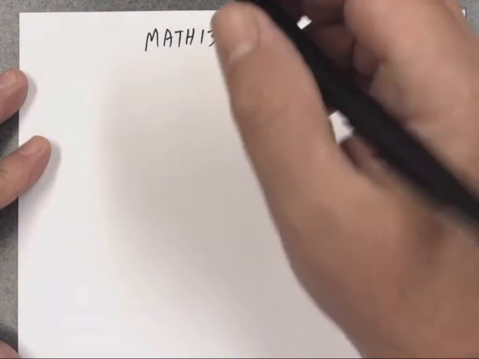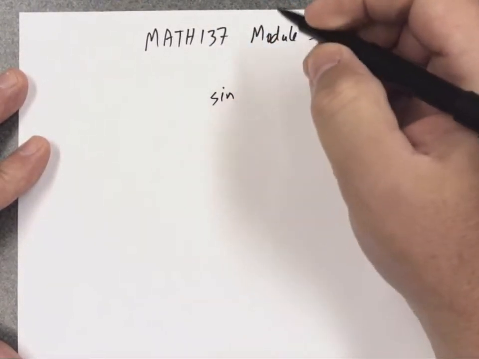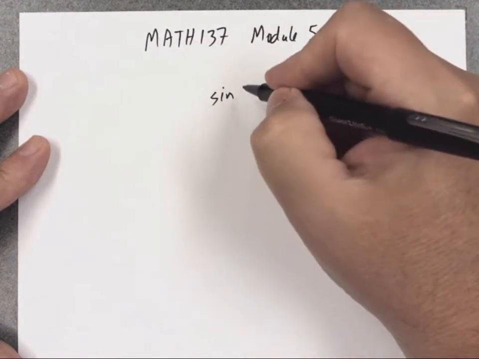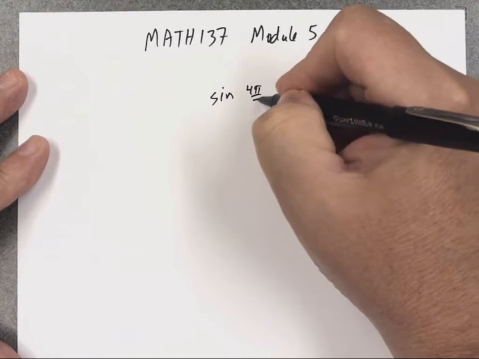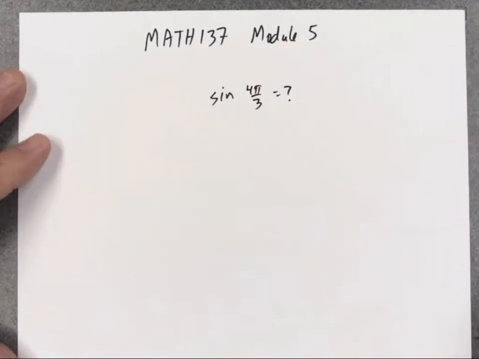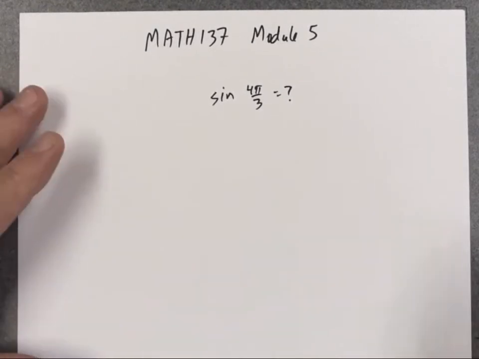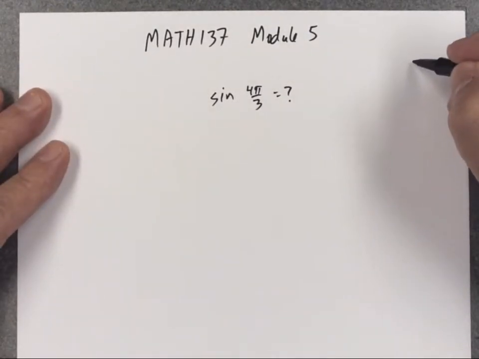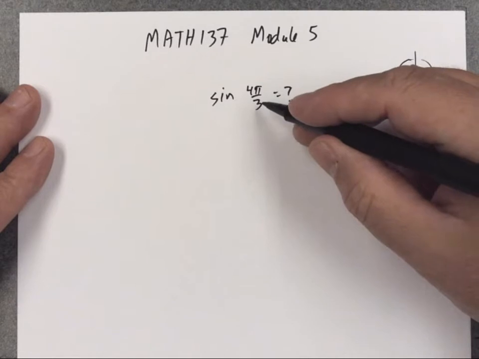For example, if I say, what is the sine of 4 pi over 3? 4 pi over 3 is one of my special angles. It's in radians. What do I go in my head, although I'll show you here. I think unit circle, here's how I think.